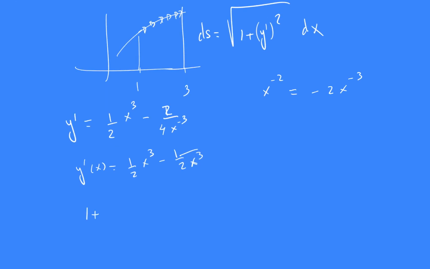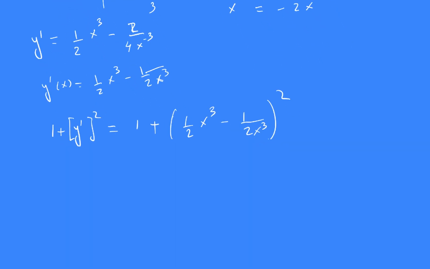1 plus y prime squared will be 1 plus everything squared. Everything squared will be (1/2 x cubed minus 1/2 x to the minus 3) squared. If I do a little bit of algebra, let's go to do it. If we develop this square, we can do the same thing that we did on the last problem.